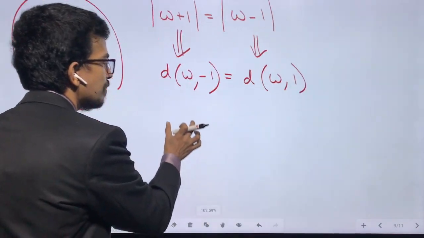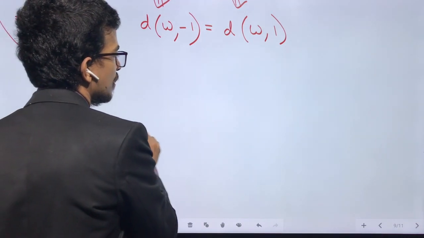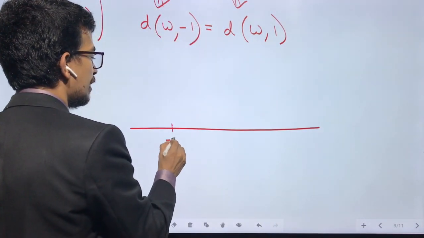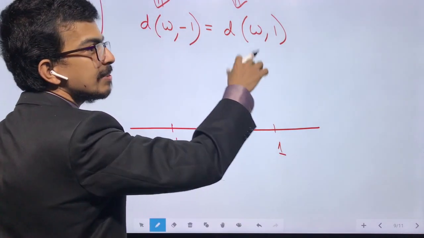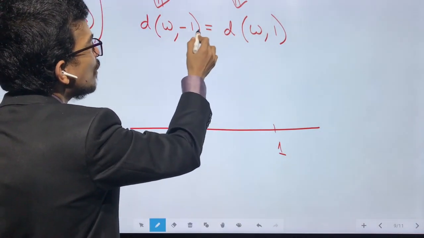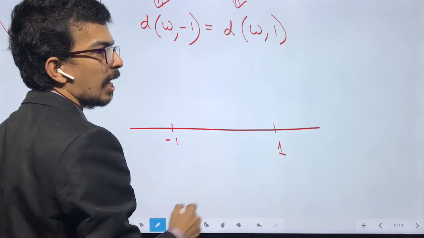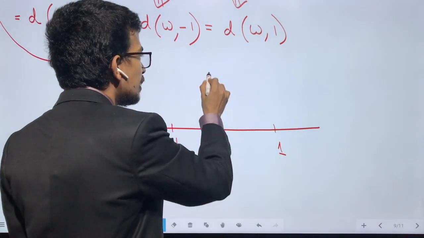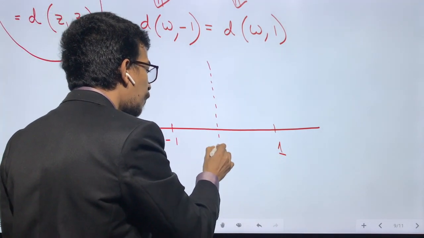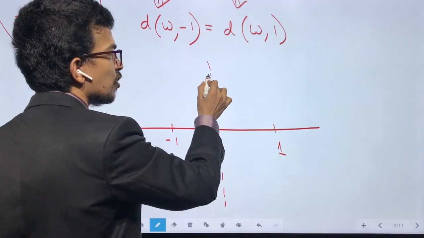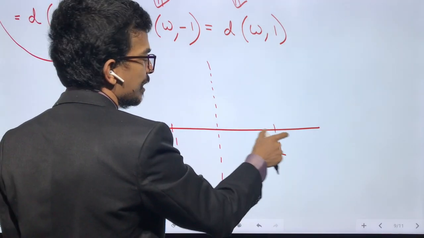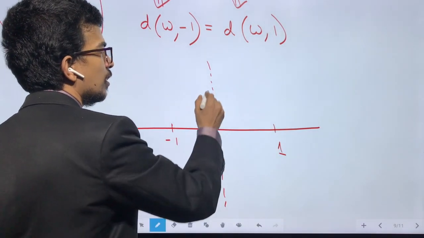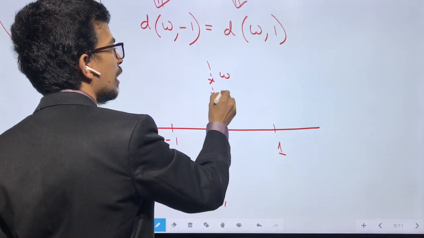If you represent it geometrically, we have the complex number minus 1 here, the complex number 1 here, and our omega is such that it's equidistant from both minus 1 and 1. Omega will lie on the perpendicular bisector of the line segment joining minus 1 and 1. So our omegas will lie here.